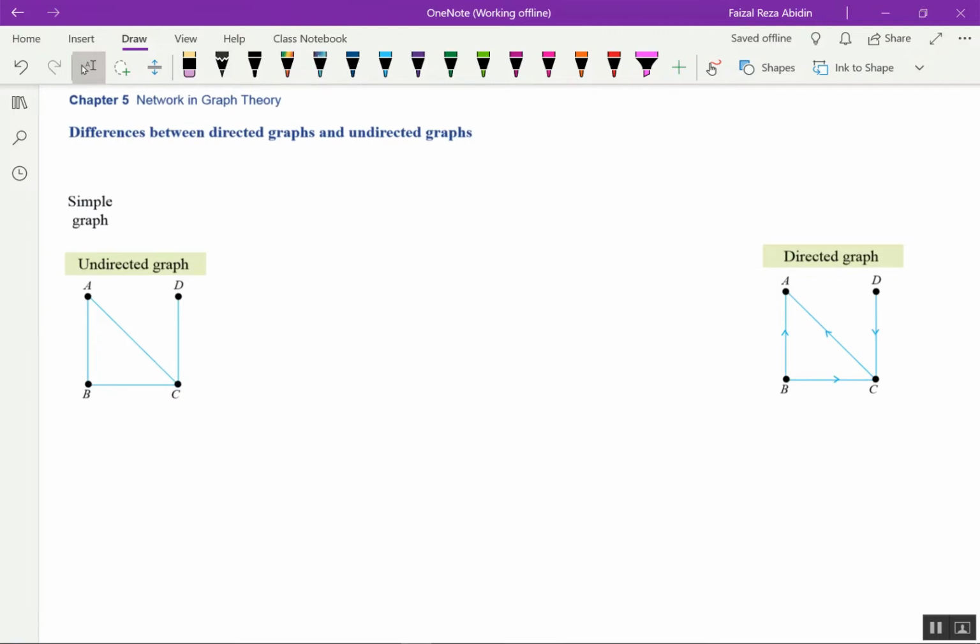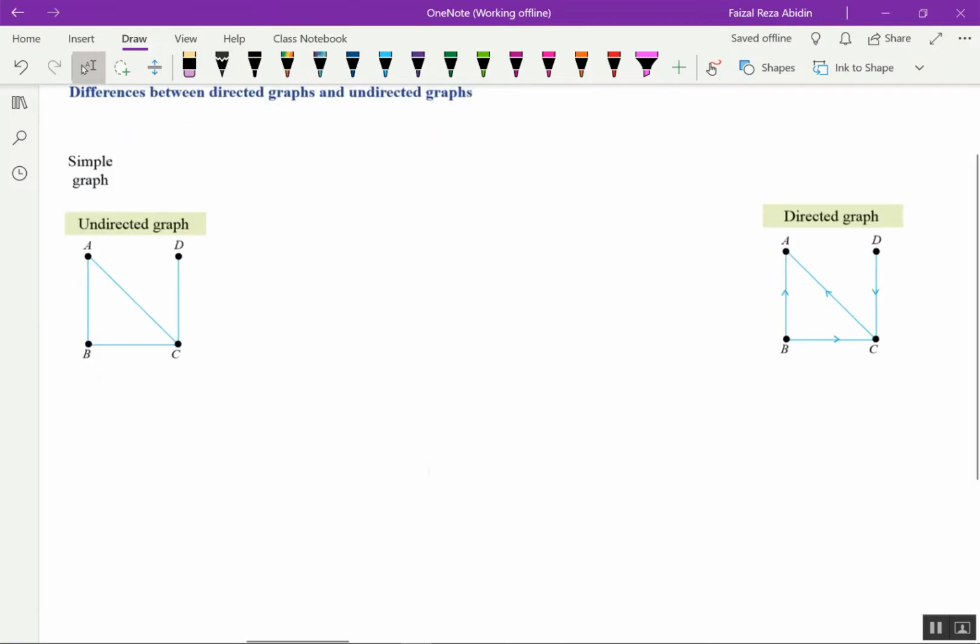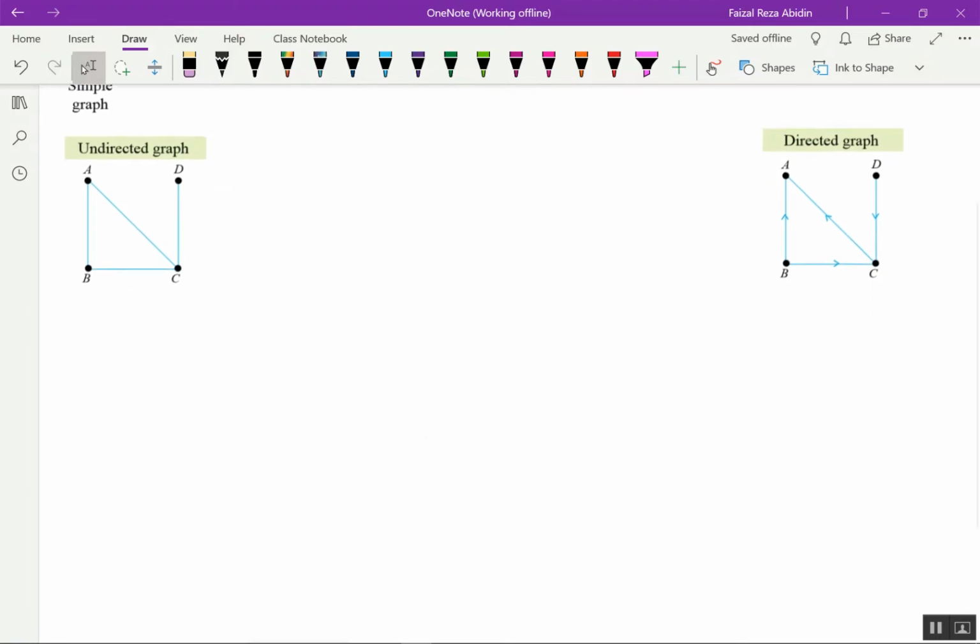Looking at the undirected graph first, the vertices we have over here are A, B, C, D. The number of our vertices is 4.